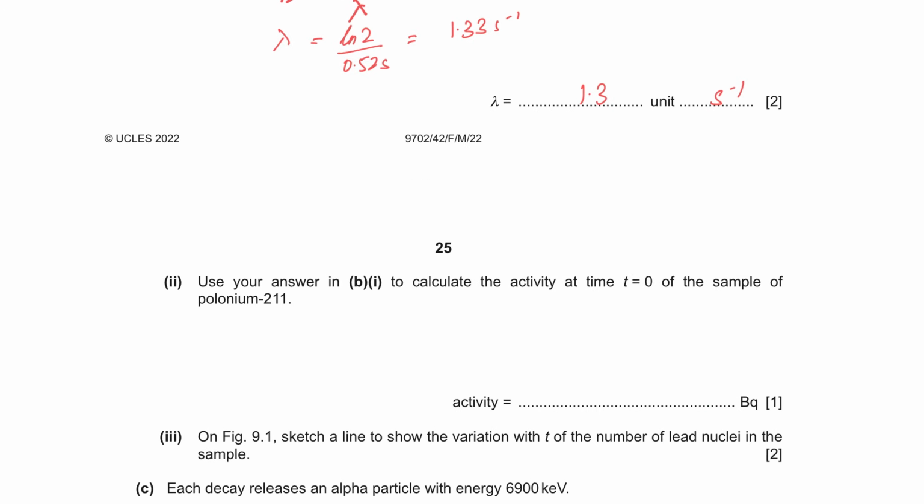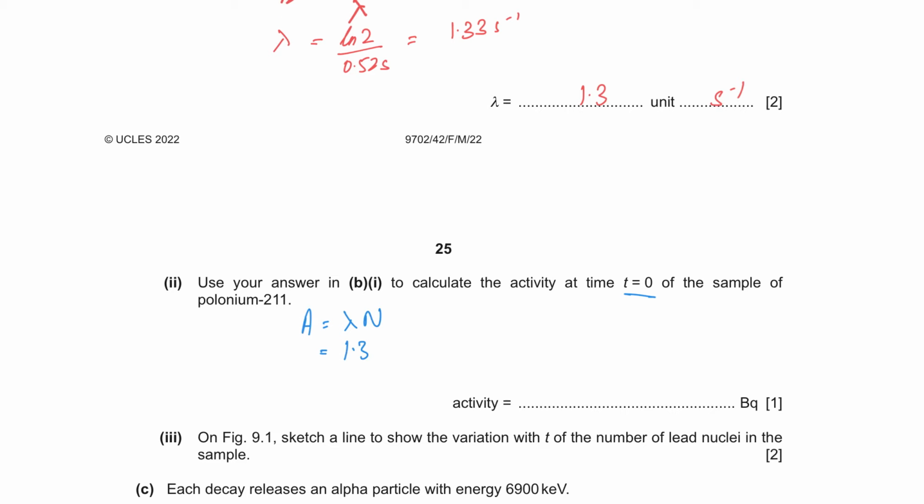Part 2 of the question says use your answer in B1 to calculate the activity at time t is equal to 0 of the sample of polonium. Now, activity can be found using the formula A, activity, is equal to lambda times N, the number of undecayed nuclei. At time t is equal to 0, lambda is 1.3.